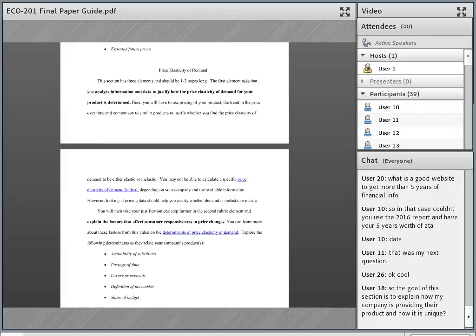So there's a couple of ways to approach this. You can look at pricing information, and although the expectation is that you probably won't have access to this information, you could do an actual calculation of price elasticity. So you find two prices, you find a price change, and then you find the resulting quantity change and you do the calculation like we practiced in the textbook. The likelihood of you having access to that kind of information is small. There's a couple of instances in a particular year where you might.